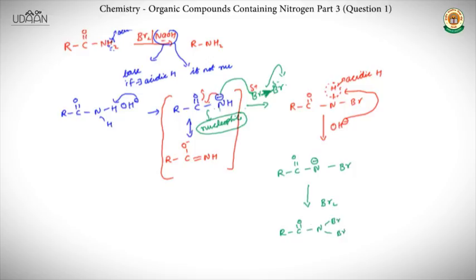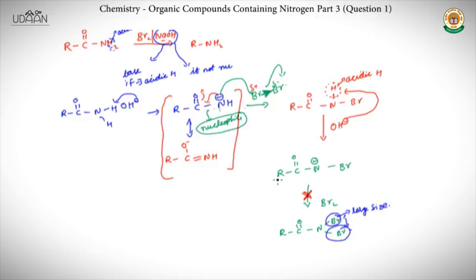This is what we generally expect by following this step, but this is not observed. This is because, if you carefully observe, here you have two bromines on one nitrogen, which undergoes severe repulsions because these bromines are of large size.